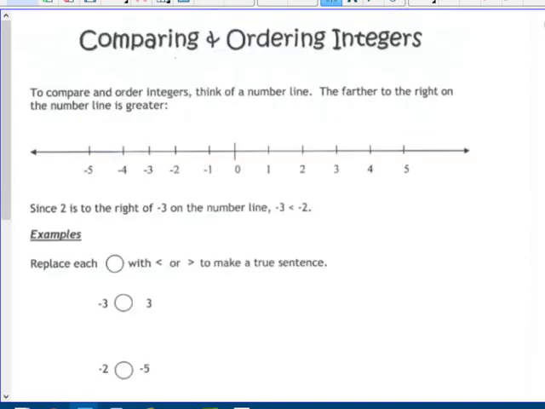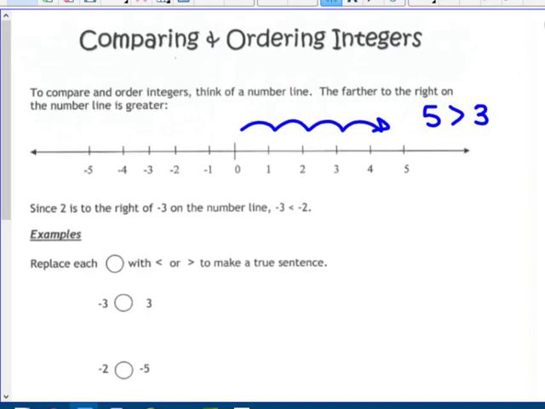Next page. Comparing and ordering integers. To compare and order integers, think of a number line. The farther to the right on the number line is greater. So you probably remember in your first grade or kindergarten class, your teacher had this number line that was taped on your desk, and that's how you learned to count. And as you go to the right, things keep getting bigger, so you know, for instance, that 5 is greater than 3 because it's to the right of 3.